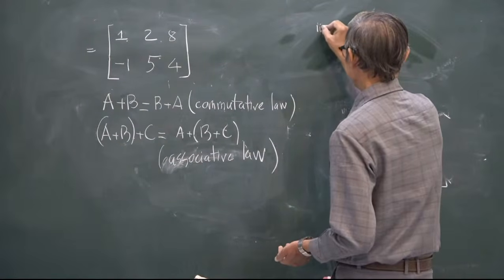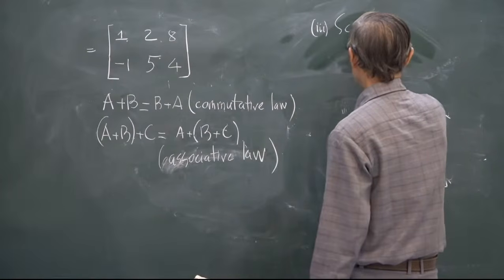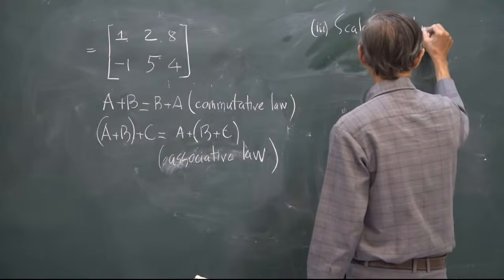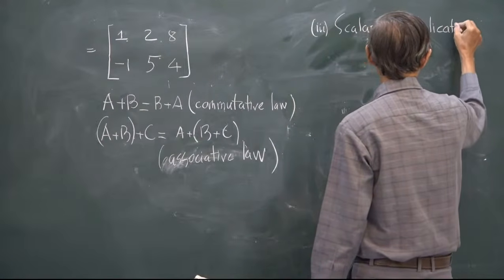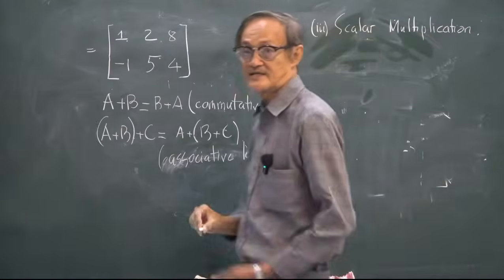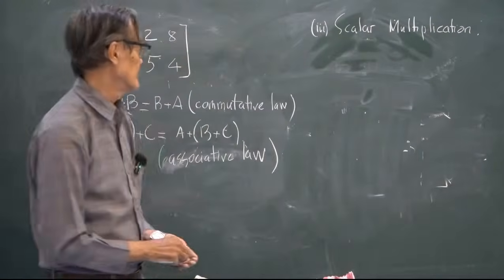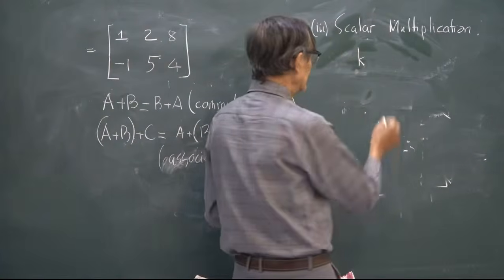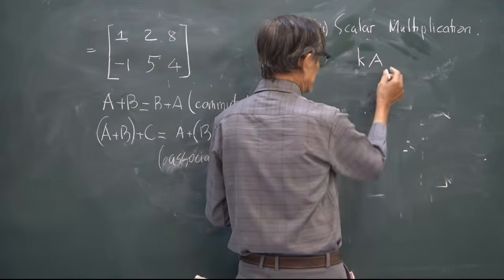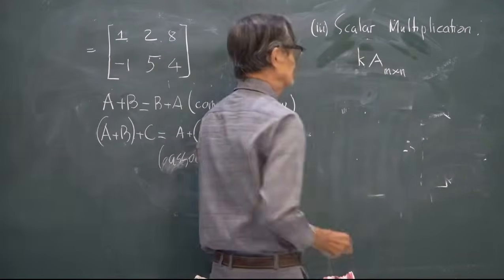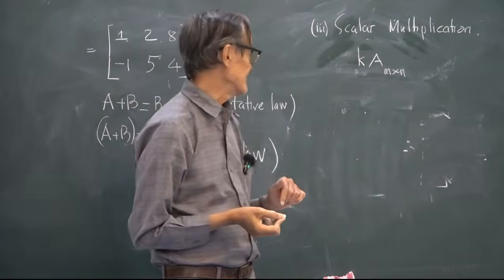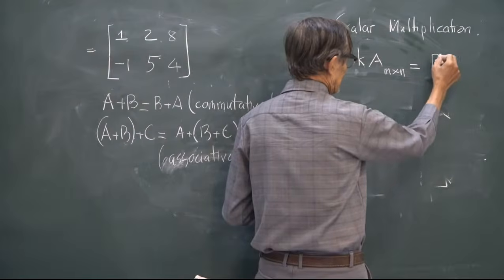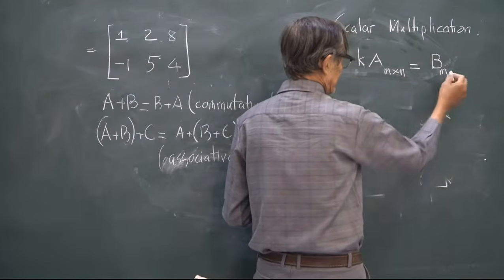Now number 3, scalar multiplication. K, a number, times a matrix A with m rows and n columns. The result is also a matrix of the same dimension.